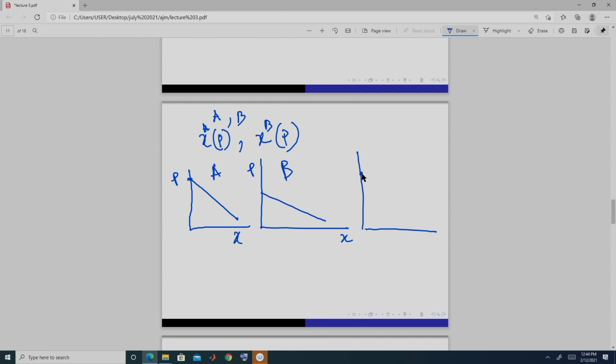So till this price our market demand curve is the same as A's curve. But after this price we have to add both. At this price the quantity is this much and this much, so together they give an amount like this, and we get a curve like this. This is going to be the market demand curve.